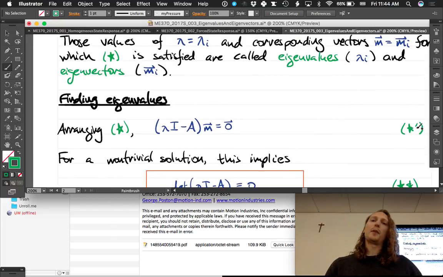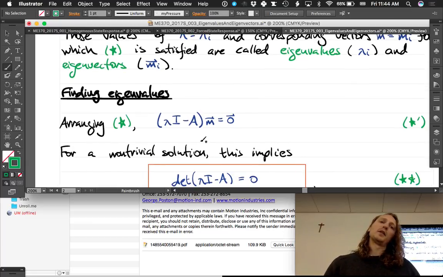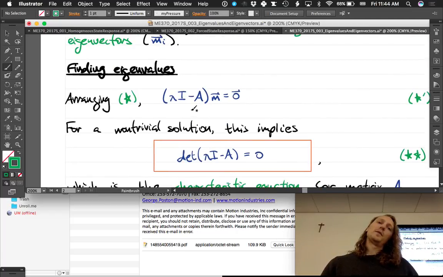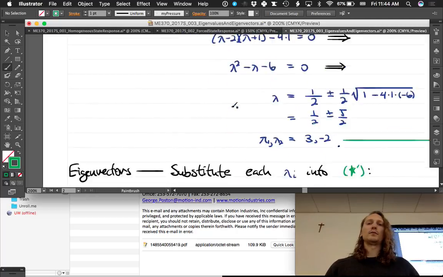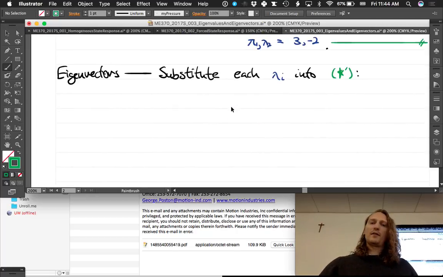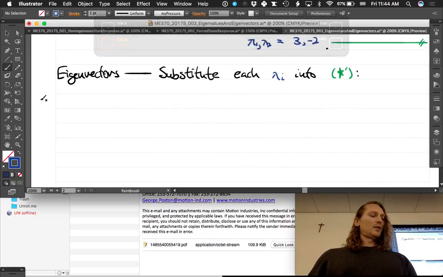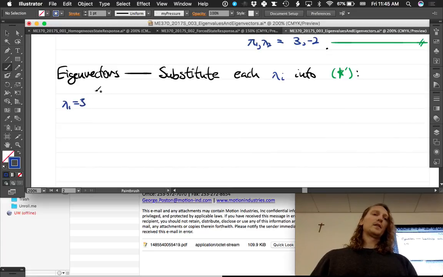Star prime is this one. I like this form better to do this. So essentially it's lambda I minus A times m equals 0. So let's do that for the first lambda. So for lambda 1 equals 3, this is our first eigenvalue.